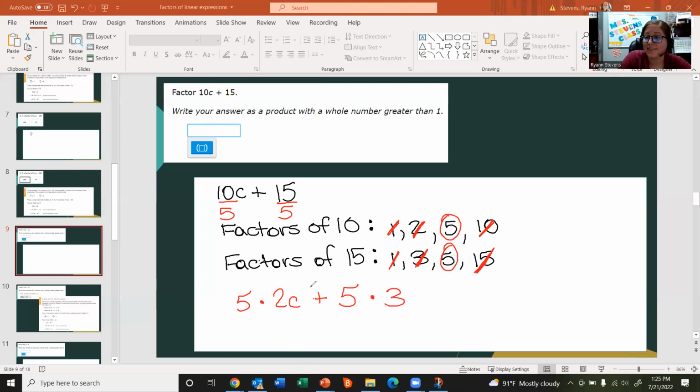This is where we see that we have a 5 for both terms, so we pull the 5 out and write 2c plus 3 inside the parentheses. And that's how we would factor this expression.